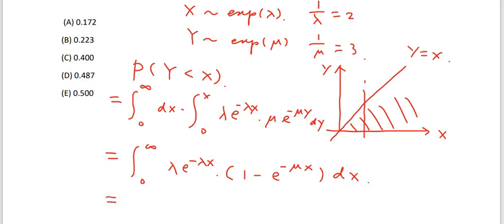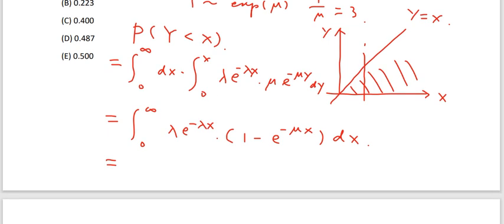So this integration equals, first, lambda e to the negative lambda x dx, which is just 1, since it is the integration of an exponential density function from 0 to infinity. Then the other integration is lambda e to the negative (lambda plus mu) x.